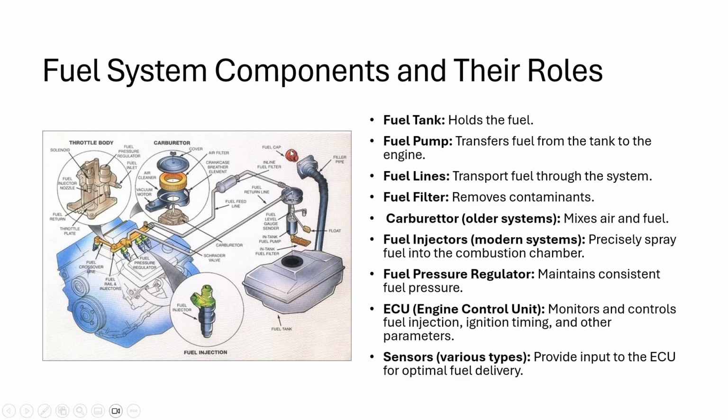In the fuel system you can see here, we are storing the fuel in the tank. From the tank to the fuel lines, the fuel is pumped by means of the in-tank fuel pump. Then through these fuel lines, through the fuel filter, it reaches the engine system.